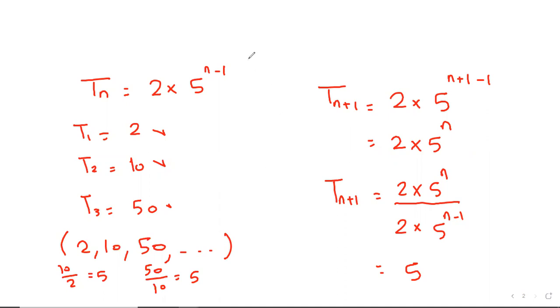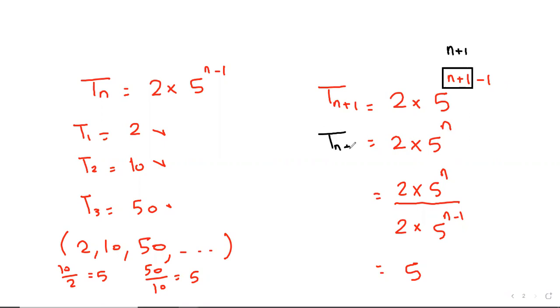And if we want to divide Tn plus 1 by Tn: Tn plus 1 is 2 multiplied by 5, and instead of n, we will write n plus 1. Okay, and n plus 1 minus 1 will be n. So Tn plus 1 is 2 times 5 to the power of n.